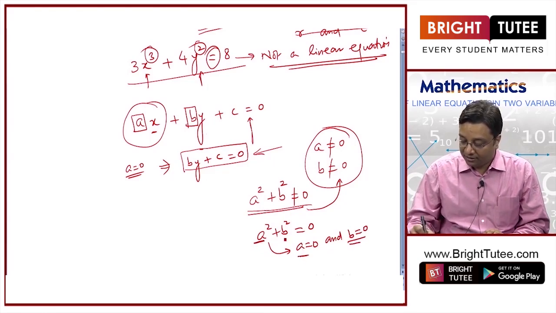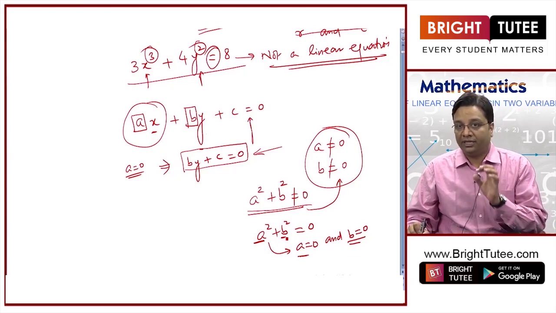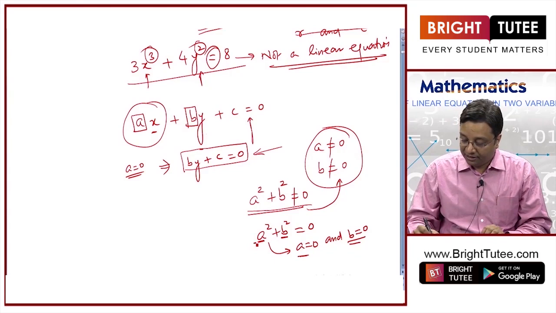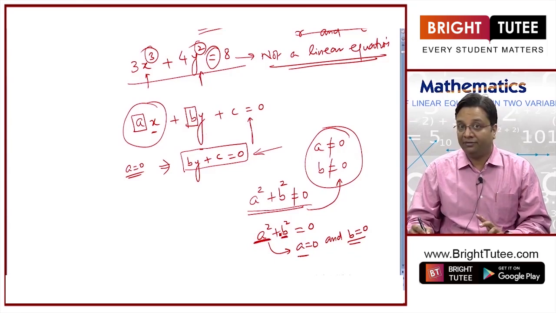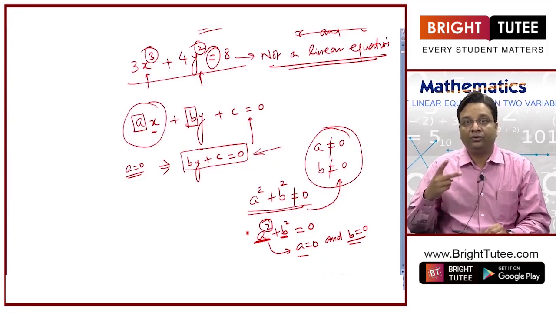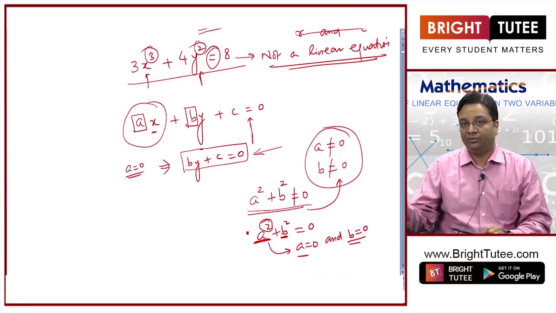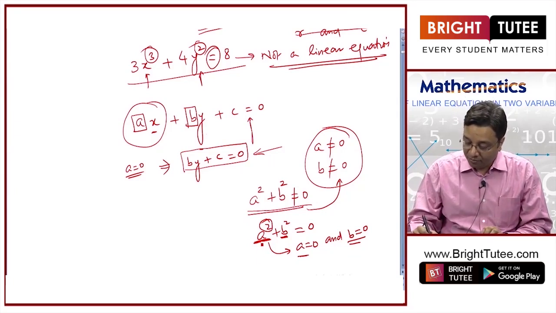These two are, let us say, some real numbers, and these are non-negative real numbers, okay, because it is a square. So the sum of two non-negative real numbers is 0 only if both of them are 0.